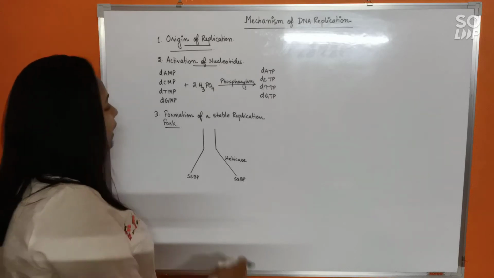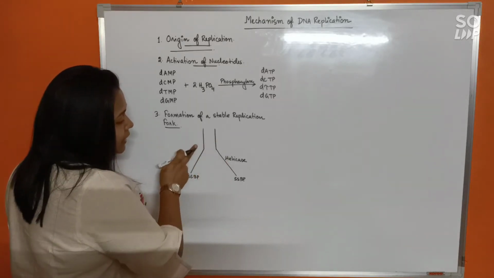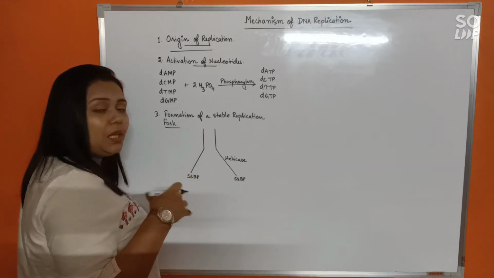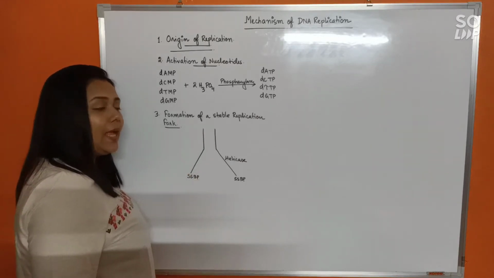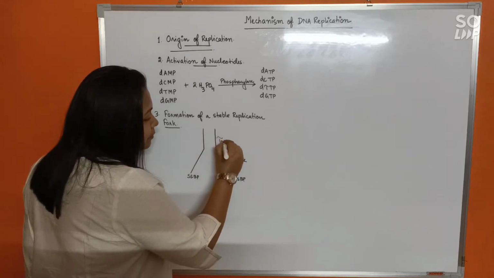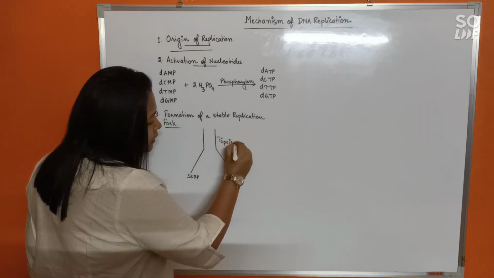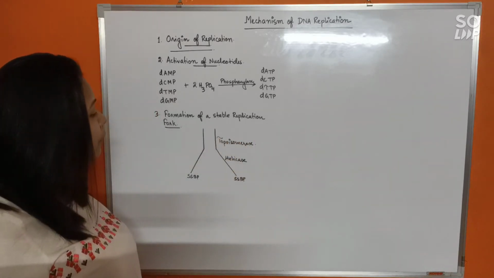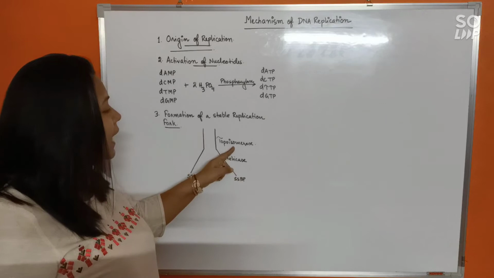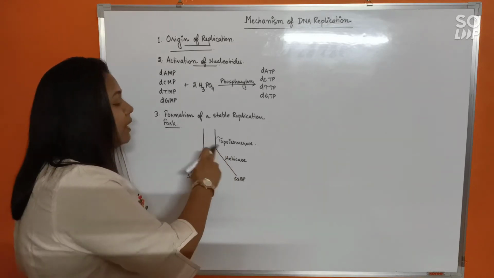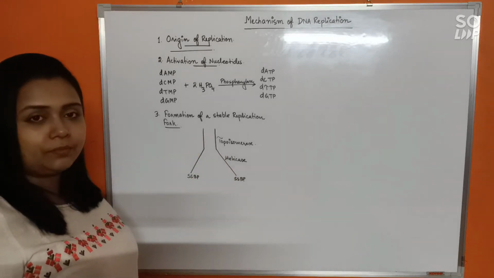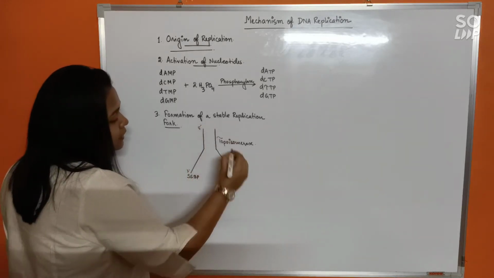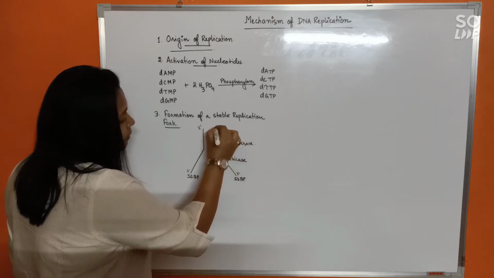So the stress created in the opposite end of the replication fork is to be immediately released, and that is done by the enzyme topoisomerase. So with the help of helicase, SSBP and topoisomerase, a stable replication fork is developed. This being say 3' to 5' end, this being 5' to 3' end.